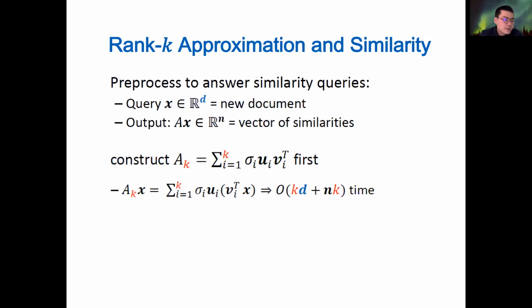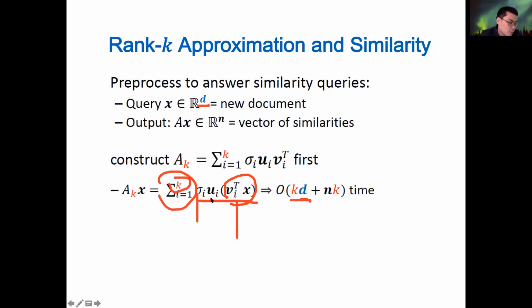Secondly, we need to do this K times. Within each item, first you compute an inner product of this to get a value. So what is the cost of this inner product? We know that X is d-dimensional, and Vi is also d-dimensional, so this is d, and we do this K times. So it's Kd. After that, this is one value.